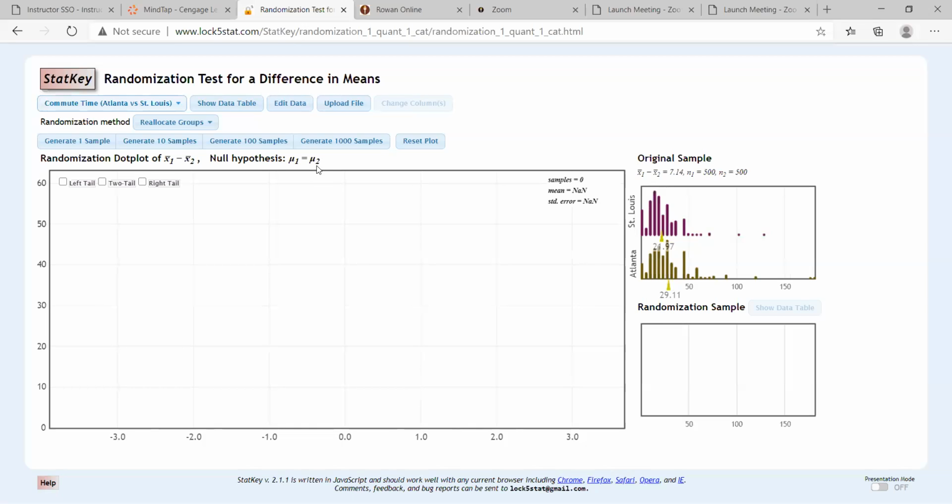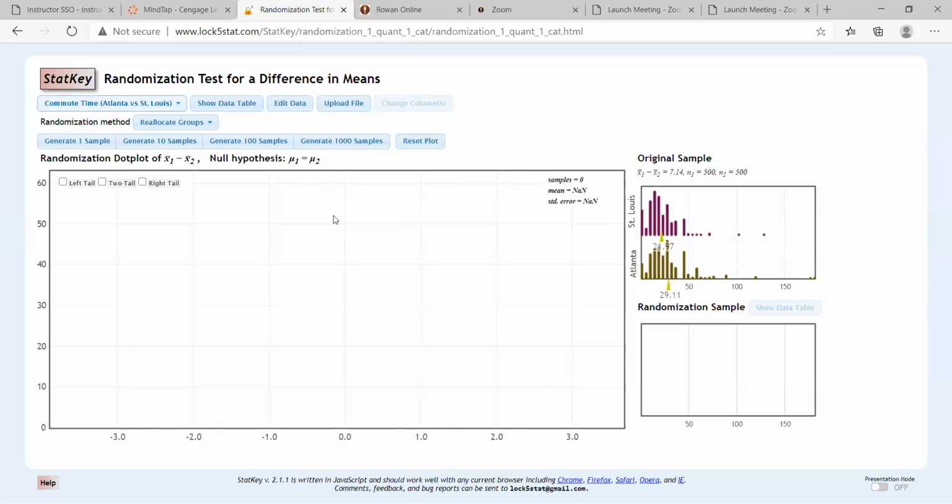In this particular case, I'm just going to make this up. Suppose I want to know whether the difference in the average commute times is larger for Atlanta than for St. Louis.